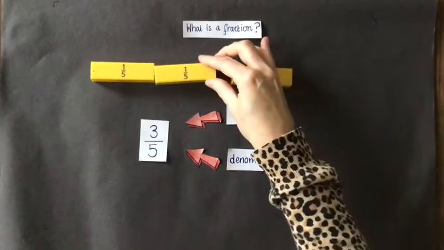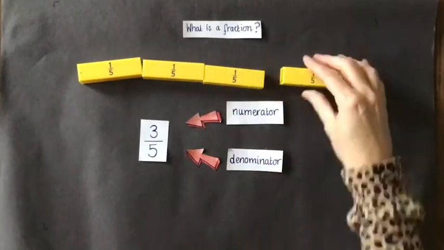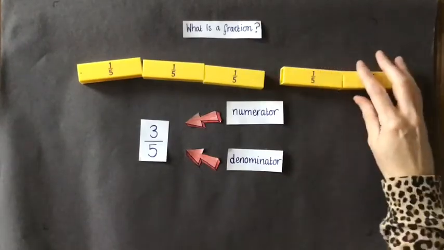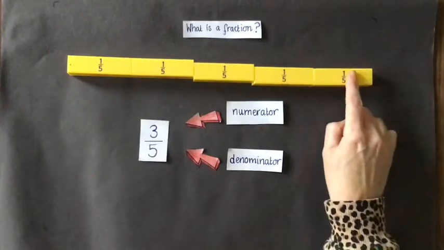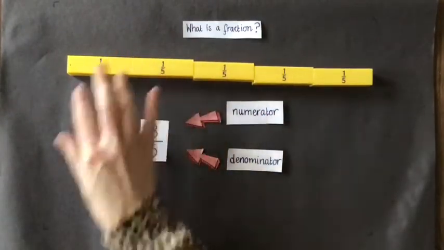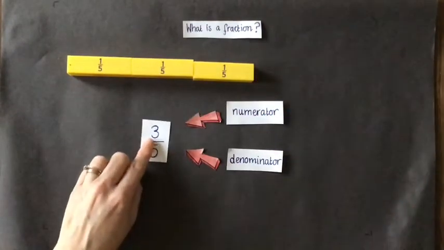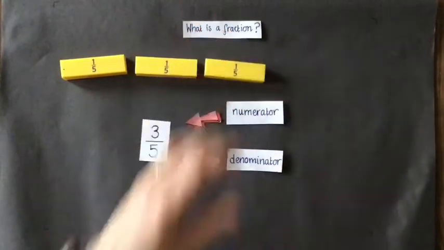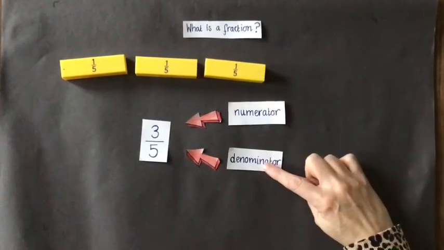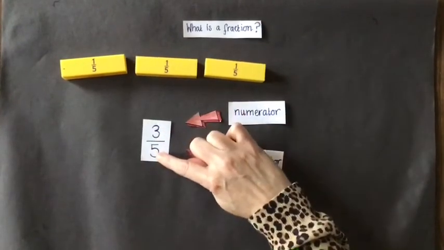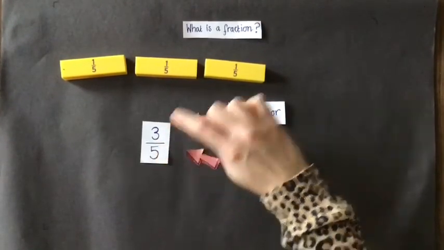We would have 3 out of those 5 fifths. So there's the 3 of them. Here's the 5 altogether, 1, 2, 3, 4, 5. And 3/5 represents 3 of those. So that's the numerator and the denominator: 3 out of 5 parts of a whole.